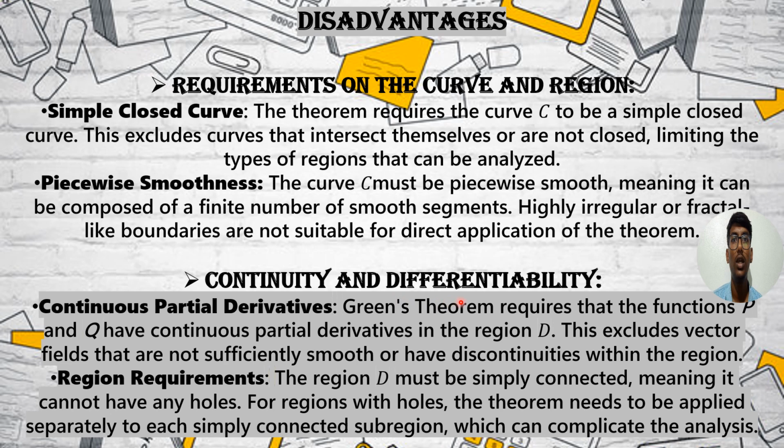Continuity and differentiability, continuous partial derivatives: Green's theorem requires that the functions P and Q have continuous partial derivatives in region D. This excludes vector fields that are not sufficiently smooth or have discontinuities in the region.